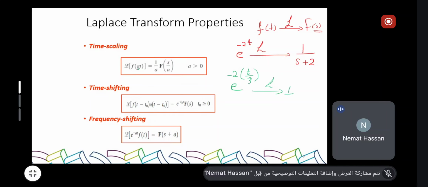So 1 over a means 1 over 1 over 3, times F of s over a means we take this F of s and replace every s by s divided by 1 over 3, plus 2, which is equal to 3 over 3s plus 2, right? So this is how we apply the time scaling property.